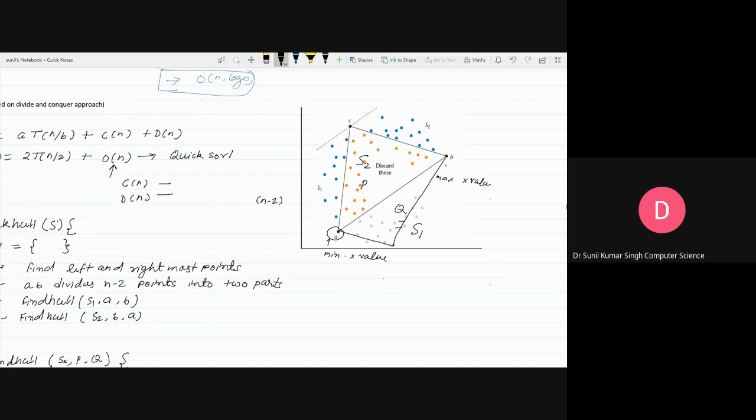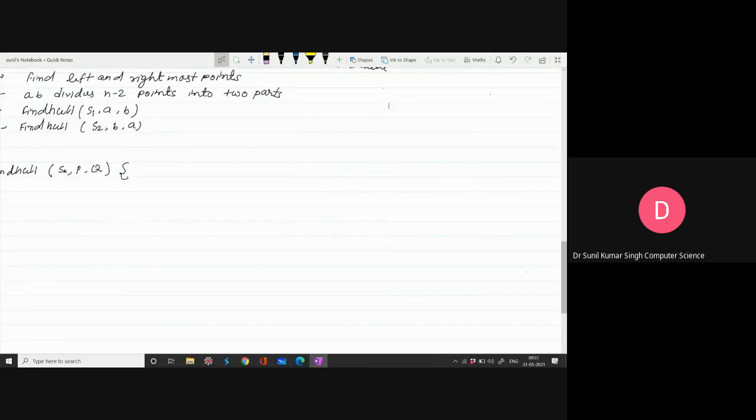Similarly, when you call S2, B, A, C is indicated here. This is going to be the farthest point. So we have to choose these farthest points, and recursively call the function again. Which function? Find hull.